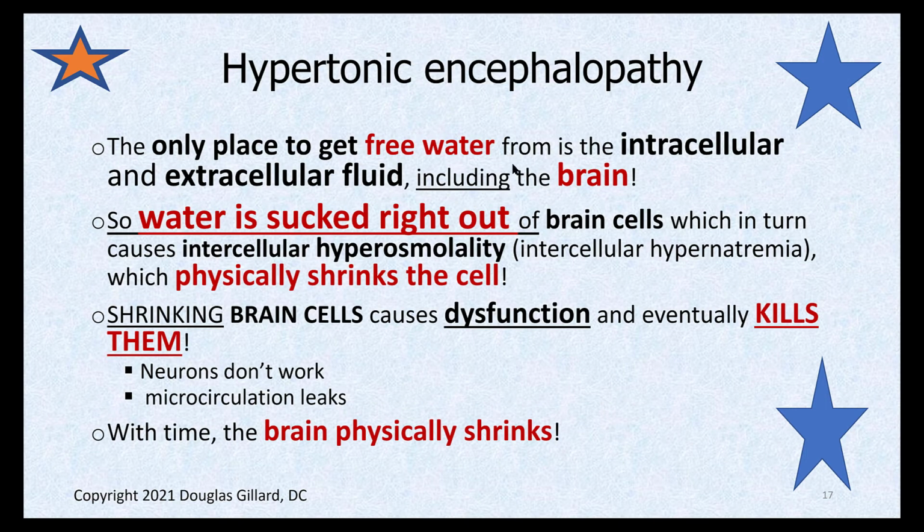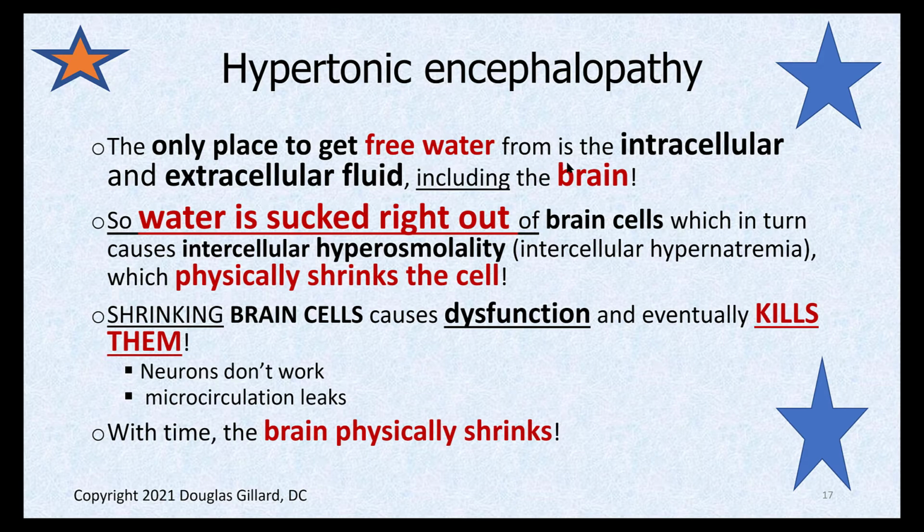Okay, so as I've already said, if the only place left to get free water is the brain, it'll take it. You have to get that concentration of sodium and water fixed. You have to dilute that sodium in the blood, or you're going to die.